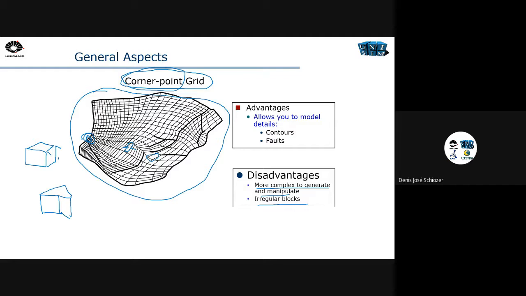Why? I'm going to explain it in the equations next week, but this is a reality. So for the corner point, one of the major problems is that we have irregular grids, and with these irregular grids we have blocks that have very low porosity and low volume.